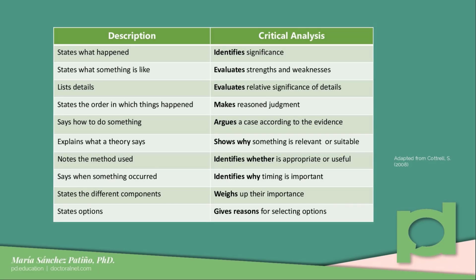But when you want to evaluate strengths and weaknesses, you have to say, an analysis of these experiments shows that these factors are relevant and can be used in other contexts, but there are some elements that are not as strong as the ones mentioned.